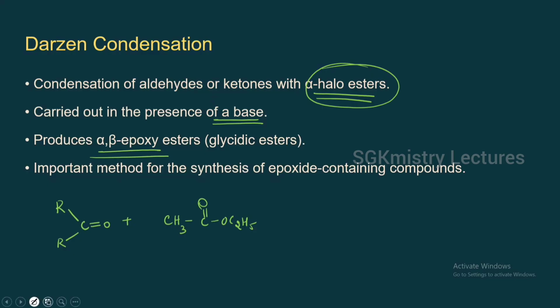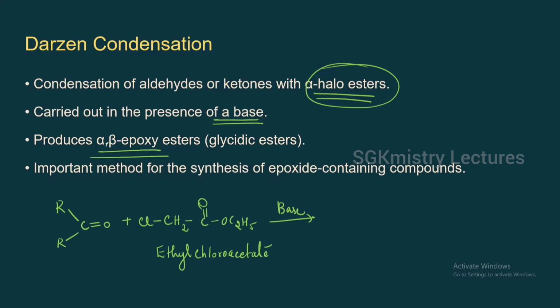So I'm going to replace one of the hydrogens with any halogen atom. So I've written this just for you to understand. So let me replace one of the hydrogens with the halogen. Let me take chlorine. So this is nothing but ethyl chloroacetate.